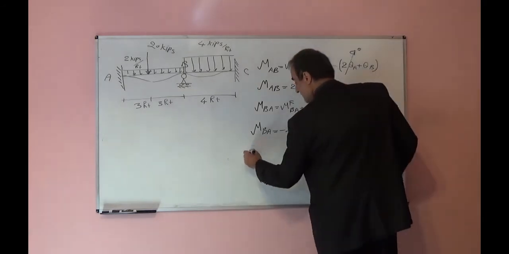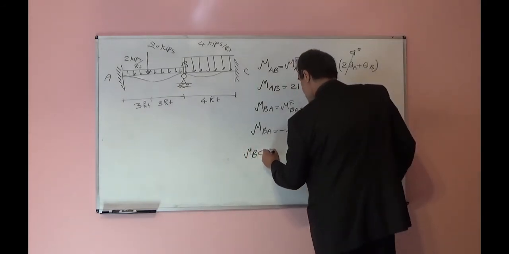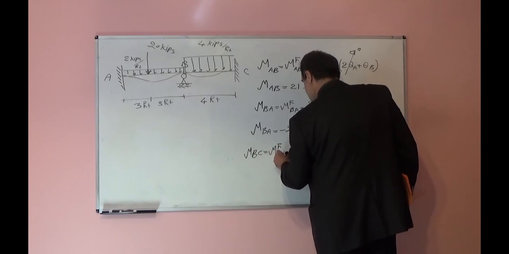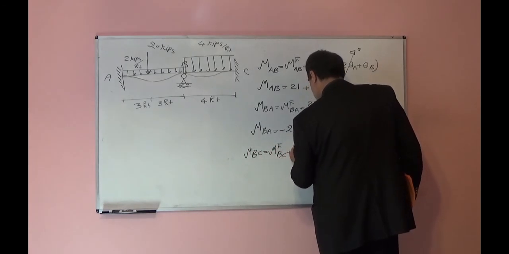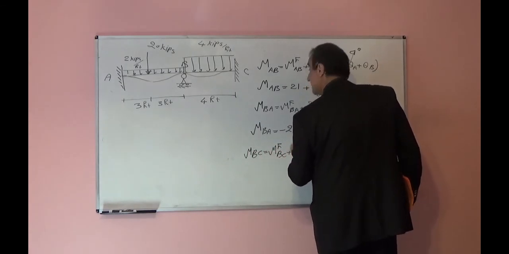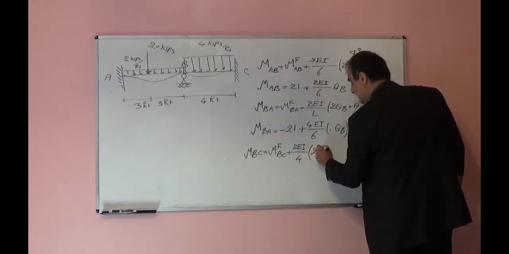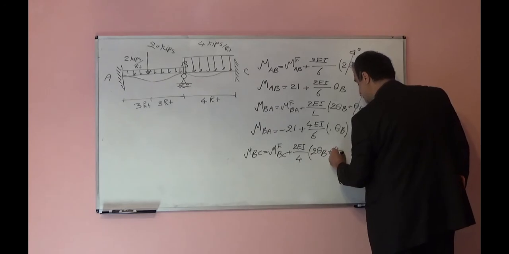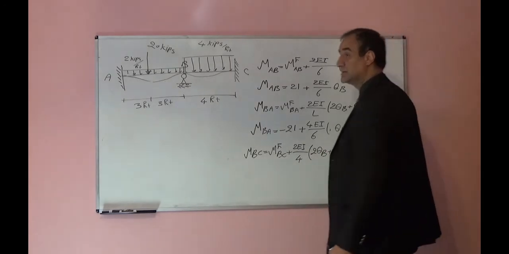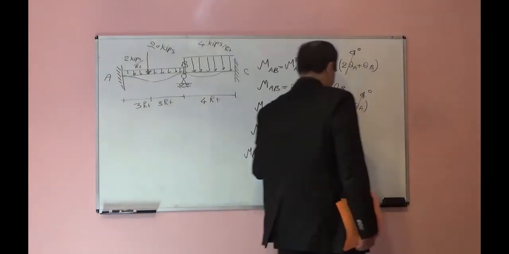MBC will be equal to M fixed BC plus 2EI over L for this span, which is 4, times 2 theta B plus theta C. Theta C again is 0 because this is a fixed support.